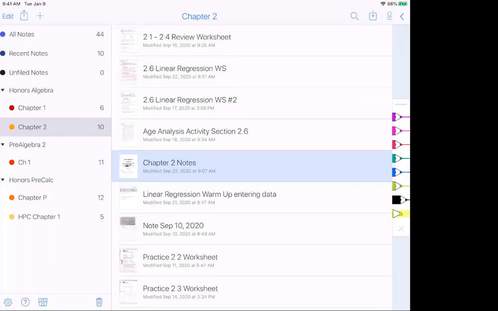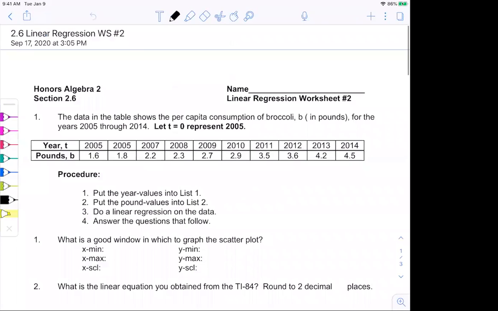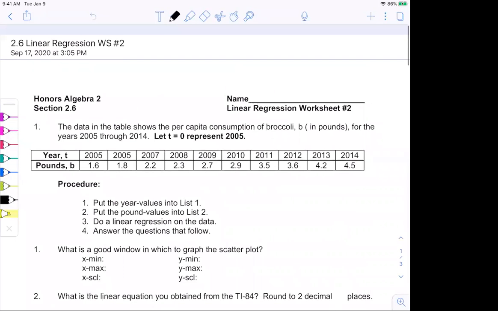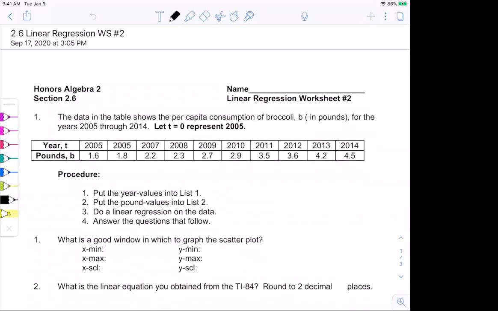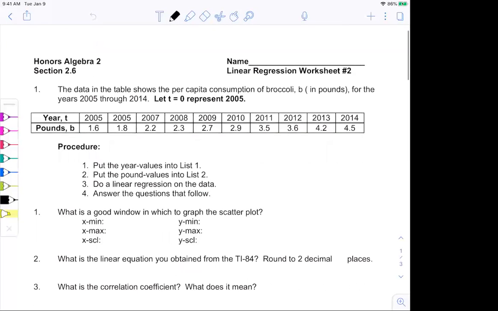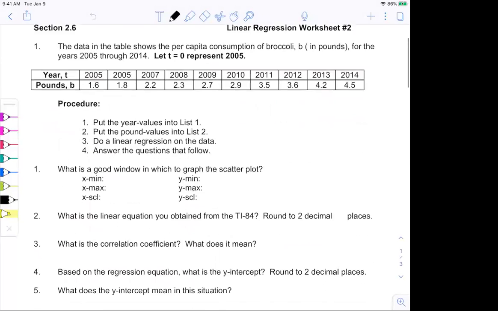And I'll just pull it up so that you can see what it looks like. The first one talks about broccoli and consumers, people eating broccoli.